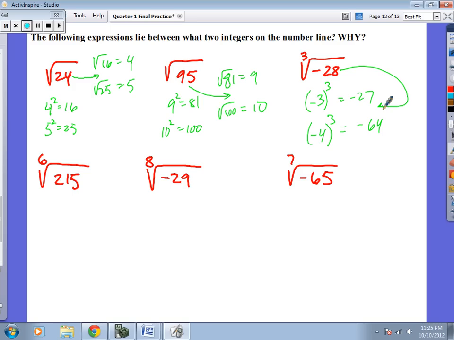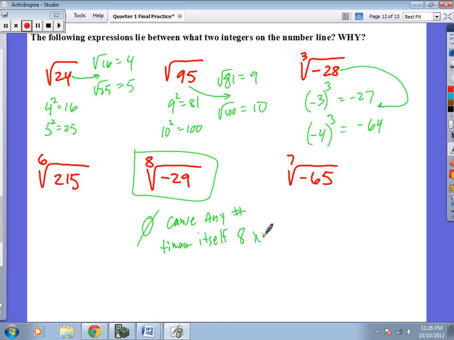We're going to run out of time, so I want to do this guy right here. 8th root of negative 29. There is no solution, because any number times itself 8 times is always positive.